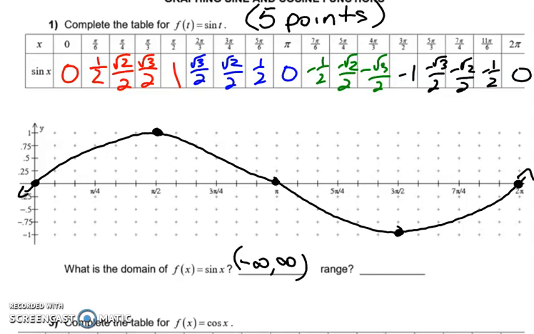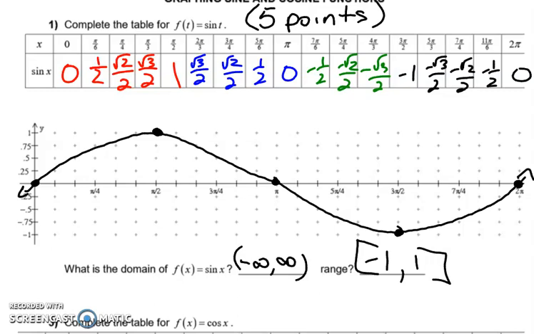Our range, however, doesn't get any lower than negative 1, and doesn't get any higher than 1 for this particular function. Okay? So notice the brackets indicating that negative 1 and 1 are included. So this is our parent graph for sine.